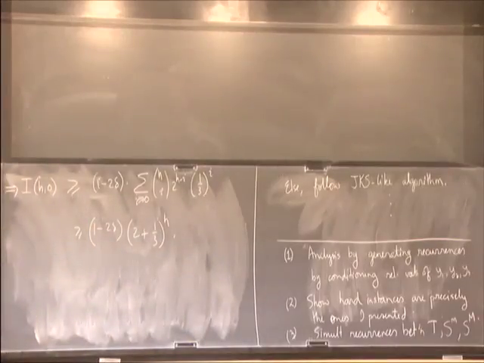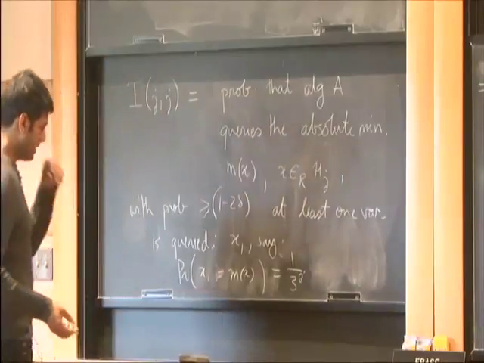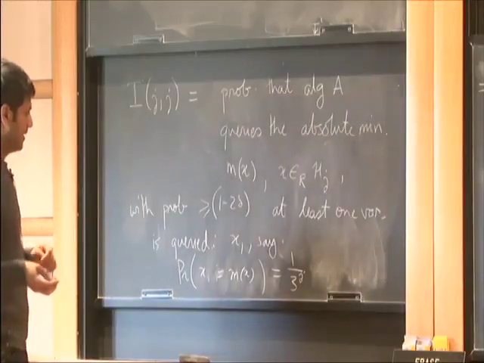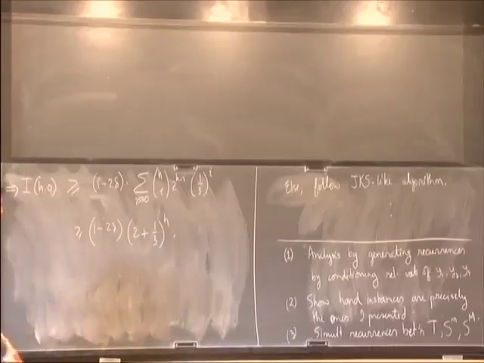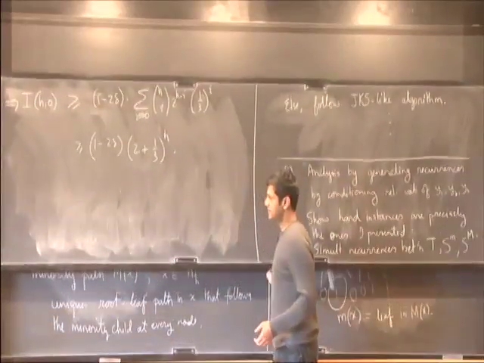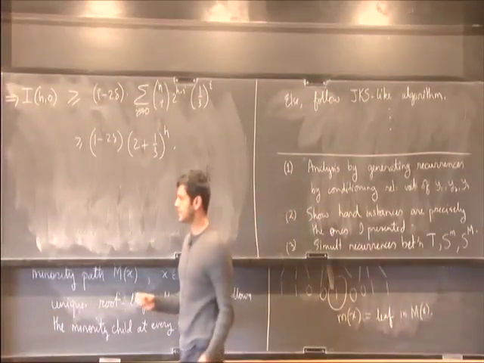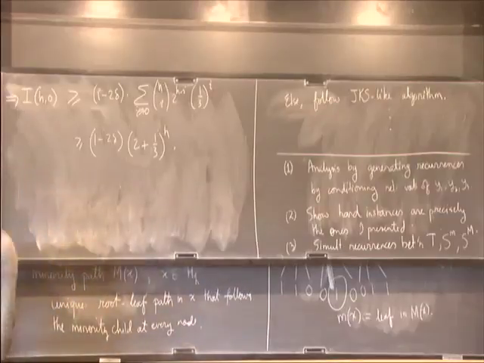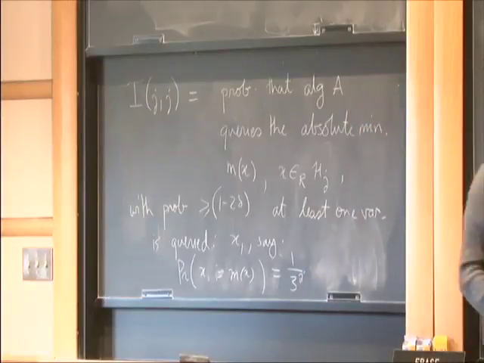Okay, so when you look at this argument, you can't help but wonder if this was the best you could do, right? And that's exactly what we did, and we stared hard at this and realized that if you look at small instances, it's very clear that 1/3 to the j is not the optimal quantity out here.